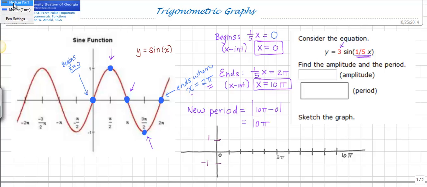One thing I want you to notice is that we're going to begin at 0, 0. We're going to end at 10 pi, and exactly halfway between sine's beginning and ending we get another x-intercept. Now, halfway between 0 and 10 pi is actually 5 pi.